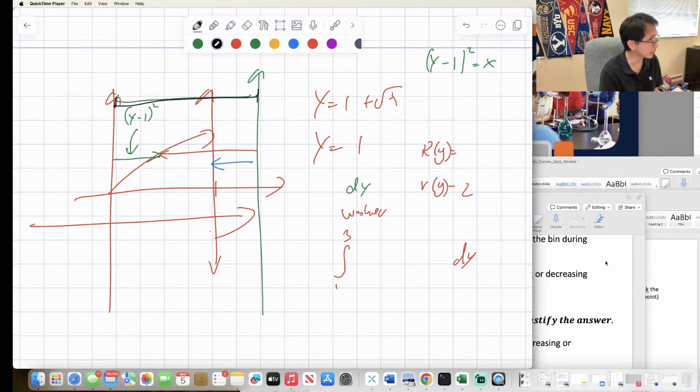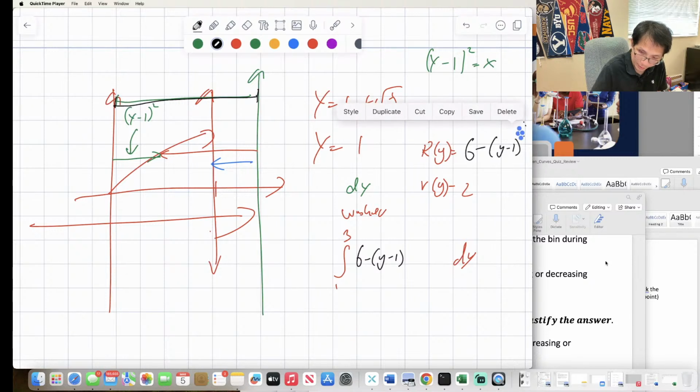Is that okay? So 6 minus (y minus 1) squared, and that's going to be squared minus 2 squared.